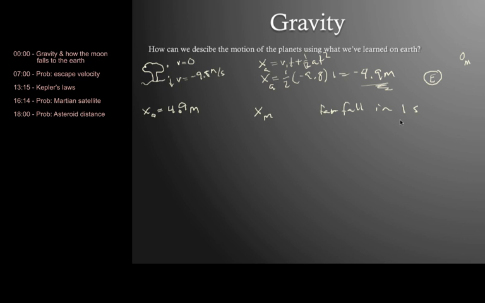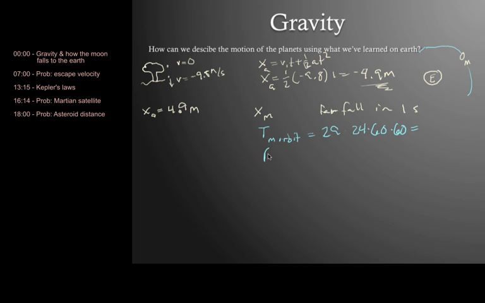One was that he looked at how the moon goes around the Earth, okay? And the time that it takes the moon to orbit, right? It orbits every 29 days, so 29 times 24 times 60 times 60, this many seconds.